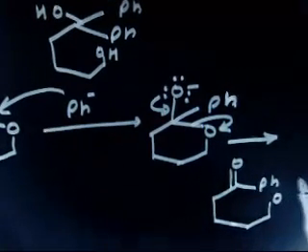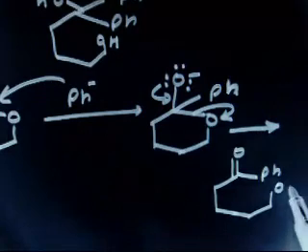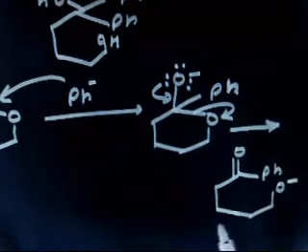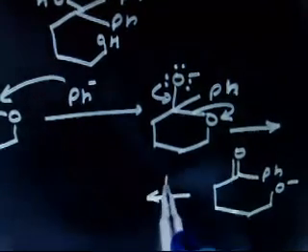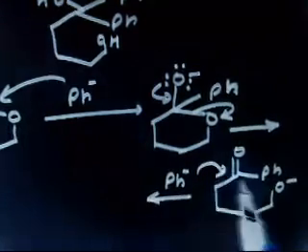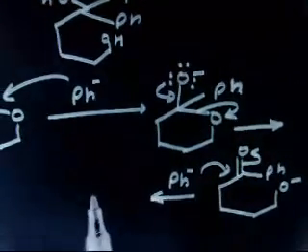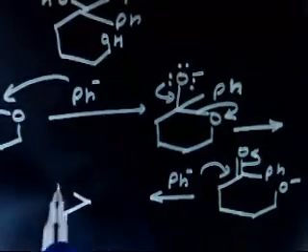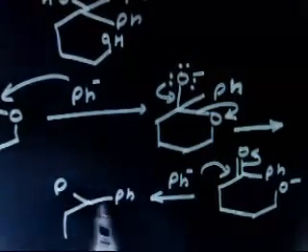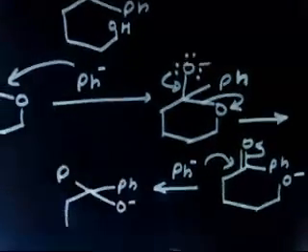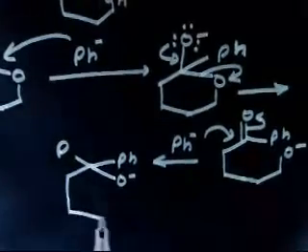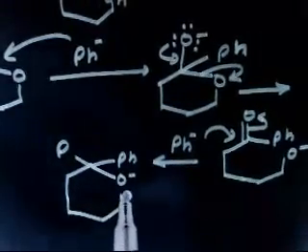And this O minus can take H plus from CH3OH or water in the next step. So initially put O minus, and in the next step Ph minus can further attack. So this attacks, this opens up, so you will have this carbon containing 2 Ph groups, and there is one O minus. Are you getting or not? On this side you will have simply this O minus.